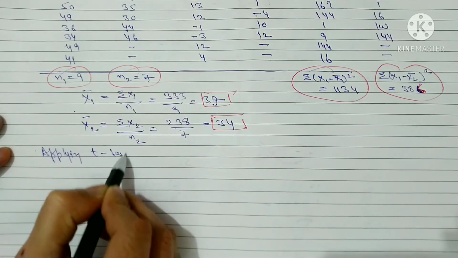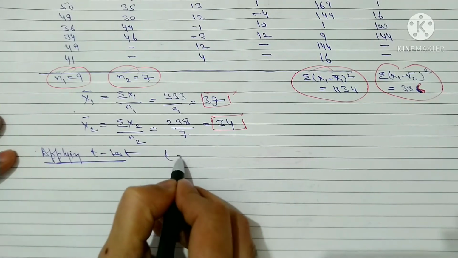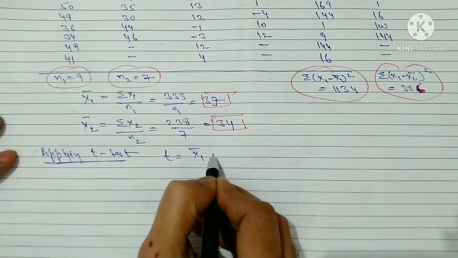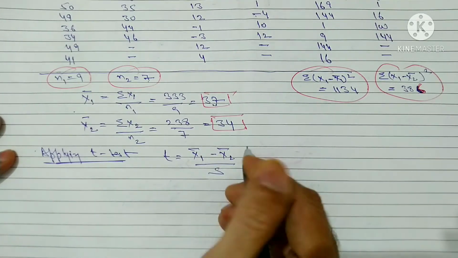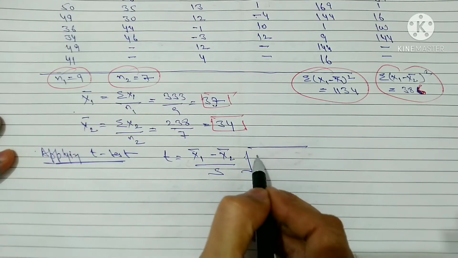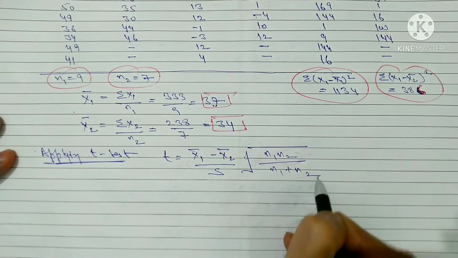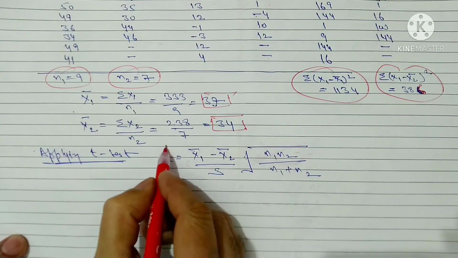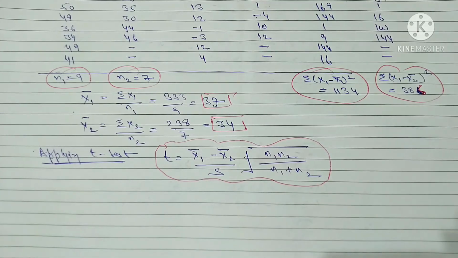Formula for t stat is t equals mean of first group minus mean of second group divided by standard deviation into under root n1 n2 over n1 plus n2. This is the formula for t stat.